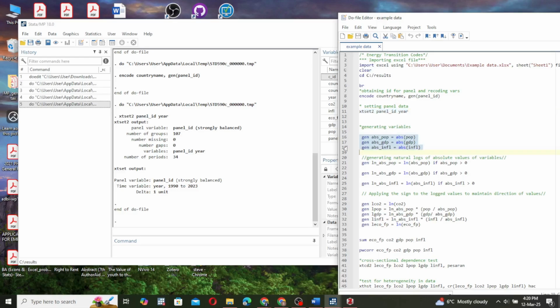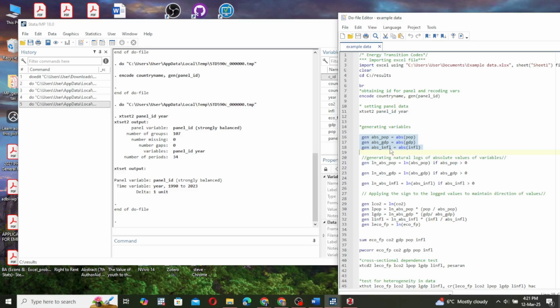We generate variables. We need to restructure our variables in such a way that they become normal because of the skewness of variables, mostly in panel data settings. So we generate absolute values of these variables, population growth, GDP, and inflation rate, which have negative values within them.